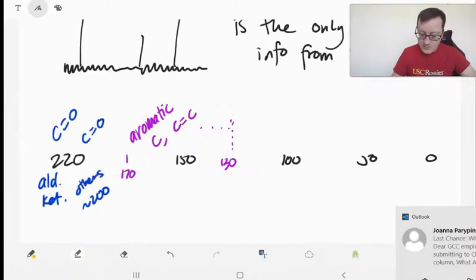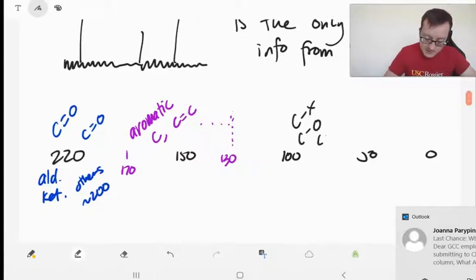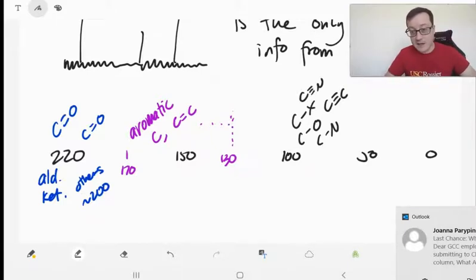Usually around 100 or so, 80 is where you see carbons bound to halogens, single bonds to oxygens, heteroatoms, triple bonds. Those all show up between 50 and 100 thereabouts. And then down here, plain old simple sp3 C-H bonds show up between 0 and 50.